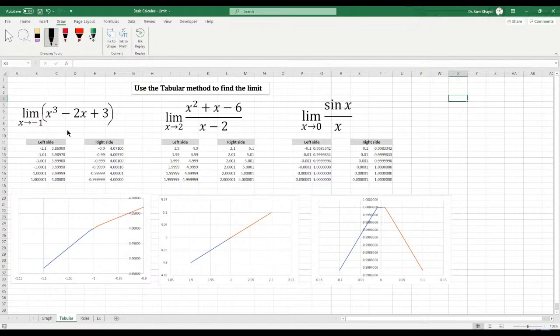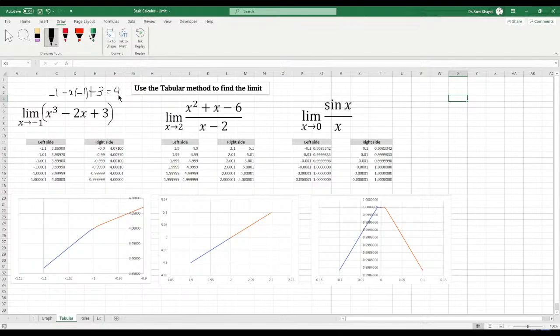This is a function, and I want to find the limit when x approaches negative 1. This is very easy. You can just substitute negative 1. Negative 1 cubed will give you negative 1, minus 2 times negative 1, plus 3. This one will be 2 plus 3, 5, minus 1 will give you 4.